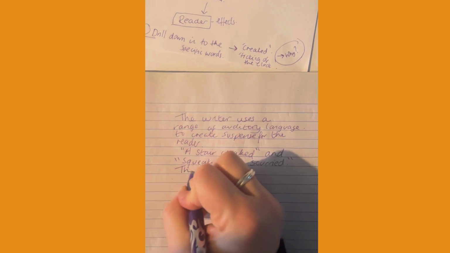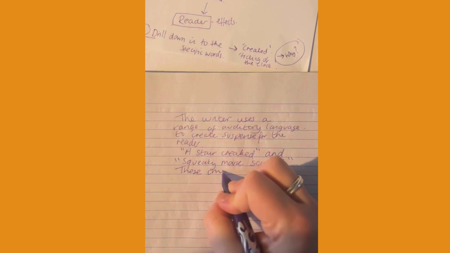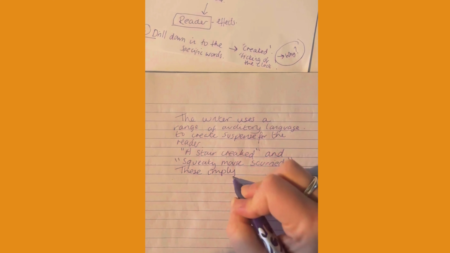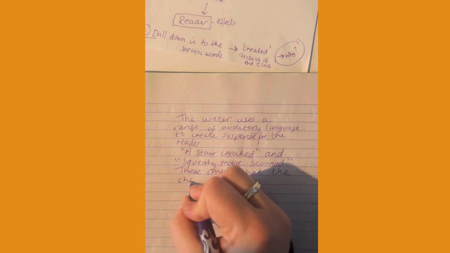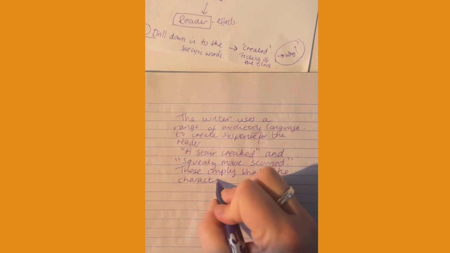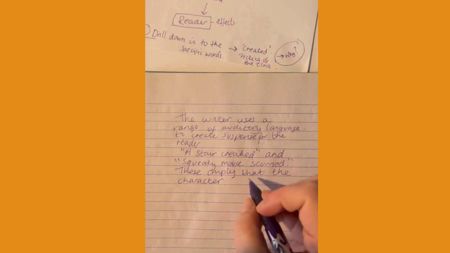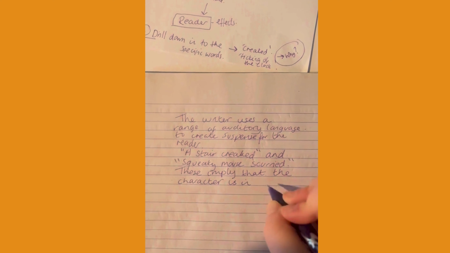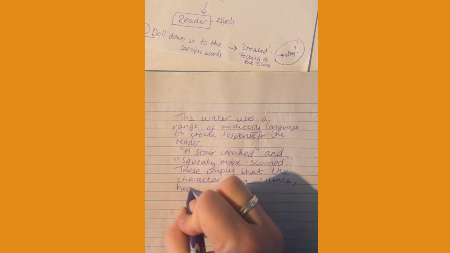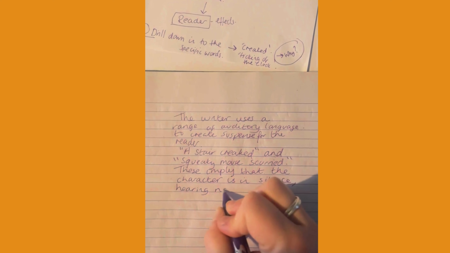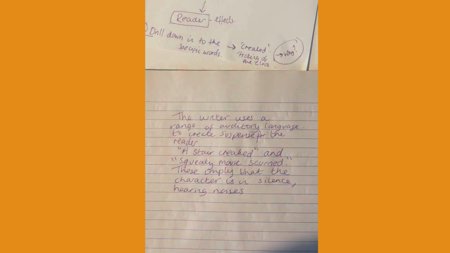So these imply that the character, and we're going to have to mention the character because obviously this is what's happening to the character, is in silence, hearing noises, because that's what auditory language is. We know that, that's why it's been used.